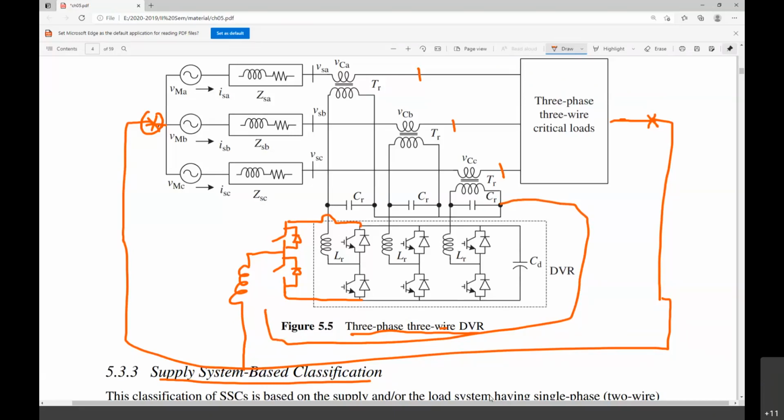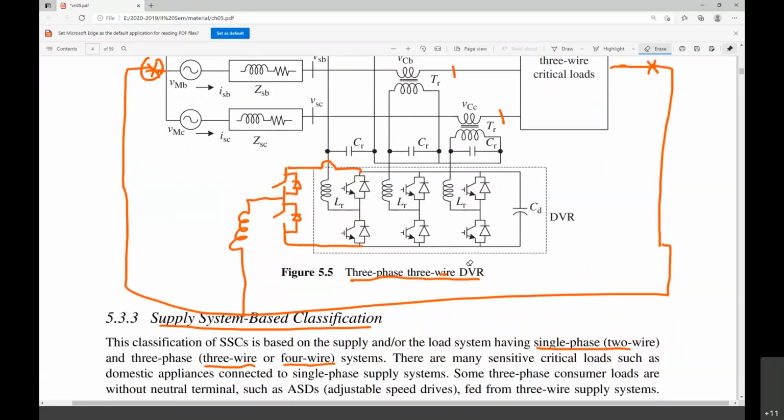We'll come back, I have a doubt over here about the connection of this particular point. We'll see it later in the next coming topologies. In this three-phase four-wire system, obviously, we should provide this particular path, which is more than sufficient to provide the neutral voltage also.